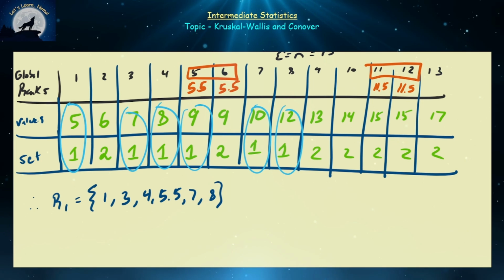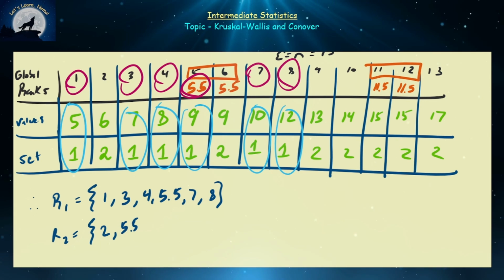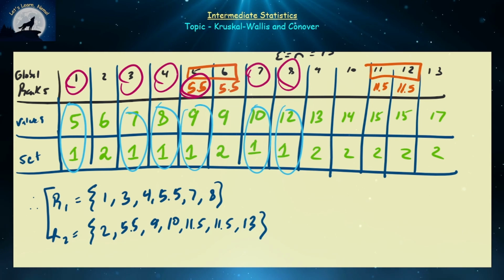So all I'm doing here is grabbing those values for the ranks, right? So 1, 3, 4, 5.5, 7, and 8. Those are the ranks for set number 1, and then we're also going to do it for set number 2, and that's going to be obviously everything that's not circled here. So 2, 5.5, 9, 10, 11.5, 11.5, and finally 13, right?